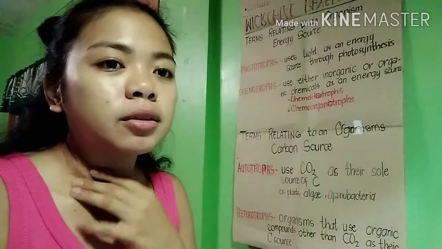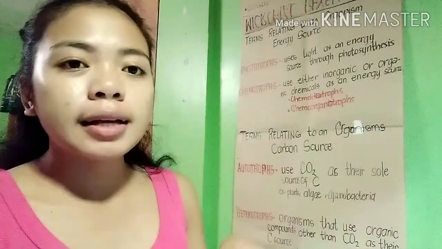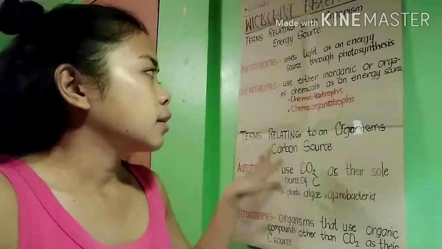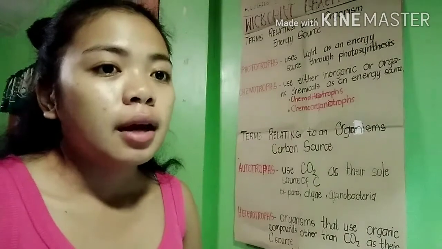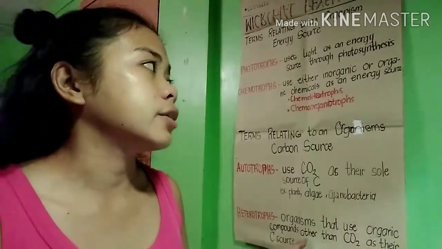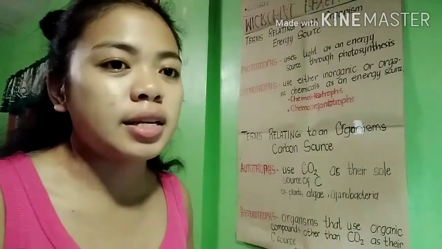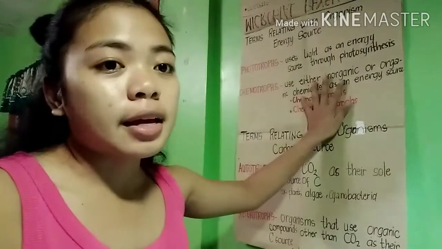The chemolithotrophs use inorganic chemicals, and the chemoorganotrophs use organic sources. These are the chemicals used as the energy source of a specific organism.